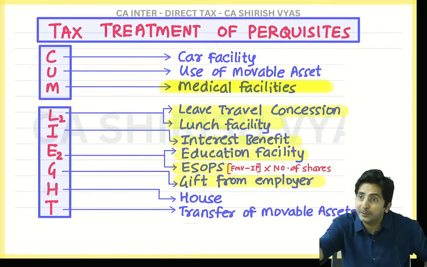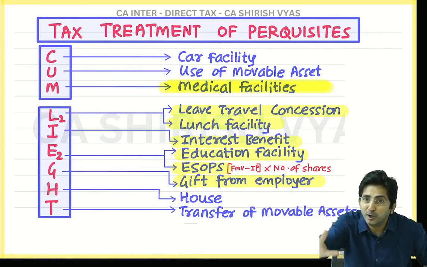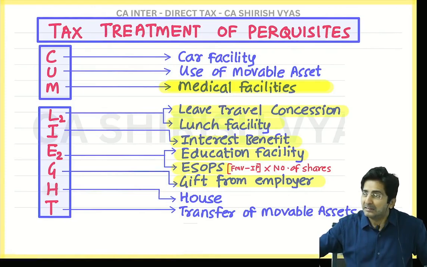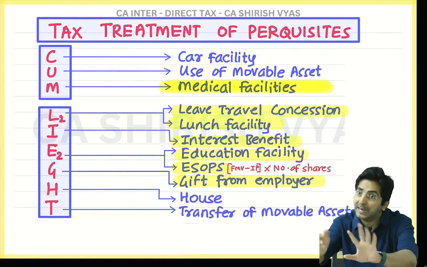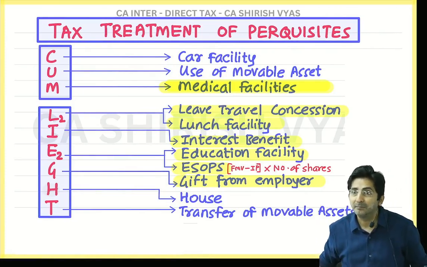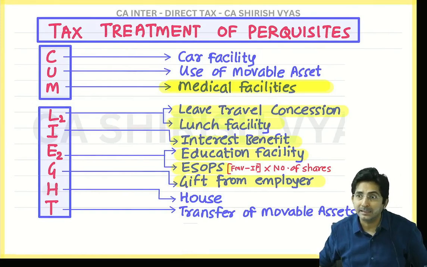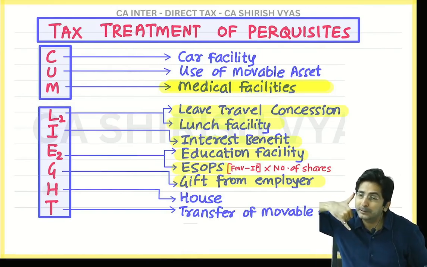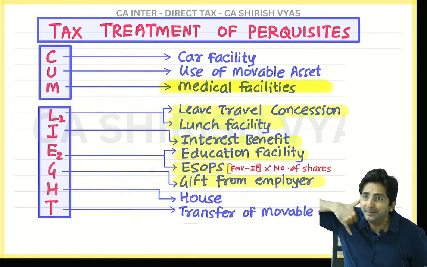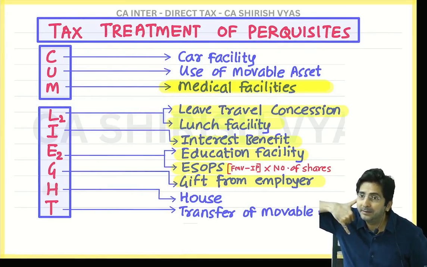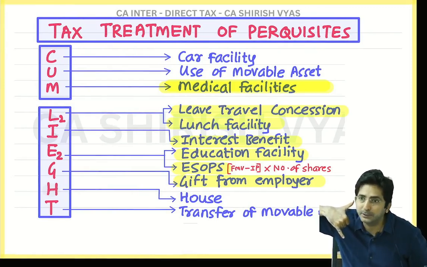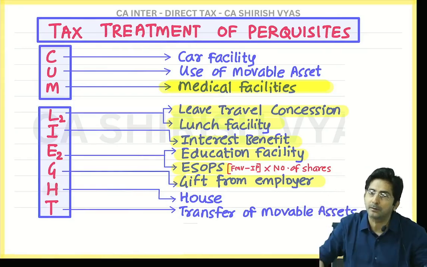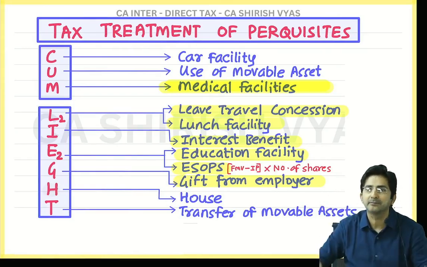It looks like you are enjoying, but it is not enjoyment, it's a pain. The moment the company gives you a laptop, you will feel very nice. But after some time you will realize your boss will keep calling you. He will say, you have a laptop of the company, na? Do one thing, check this mail, send this mail, do this, do that. You will be given a hell of a lot of work.